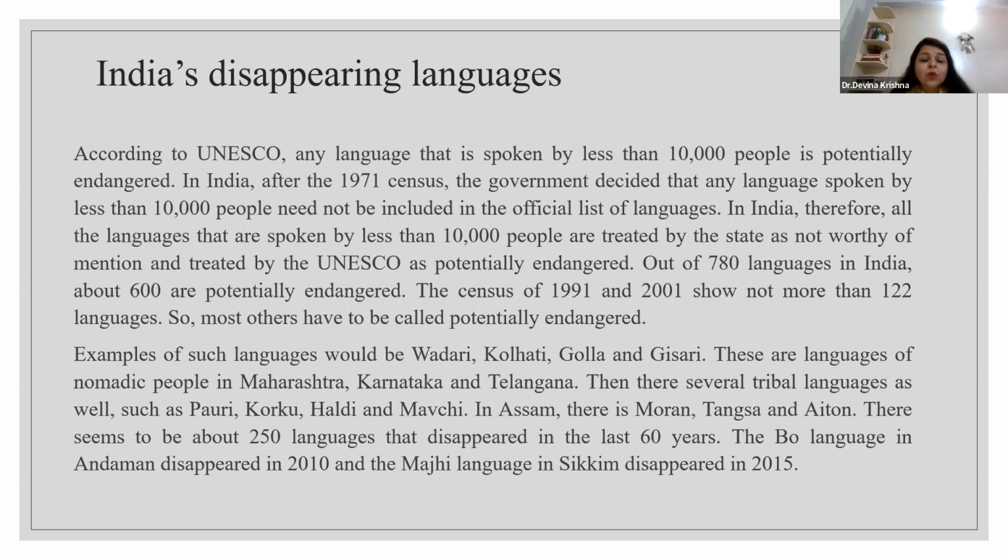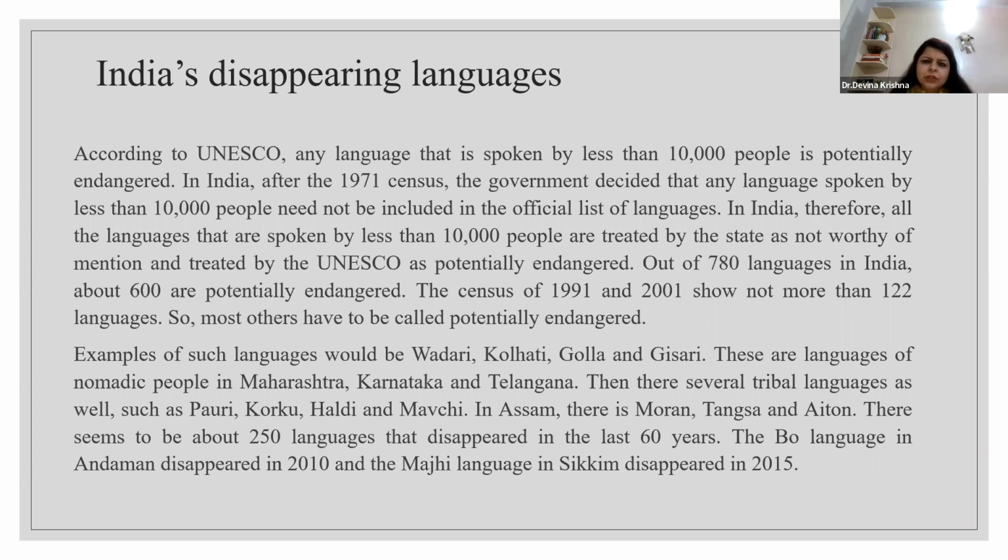These are languages of nomadic people staying in Maharashtra, regions of Karnataka, and areas of Telangana. Then we have tribal languages like Pori, Korku, Haldi, and Mavchi. In Assam, we have Moran, Tangsa, and Aitan. I also talked about Aitan before. So almost 250 languages have disappeared in the last 60 years.